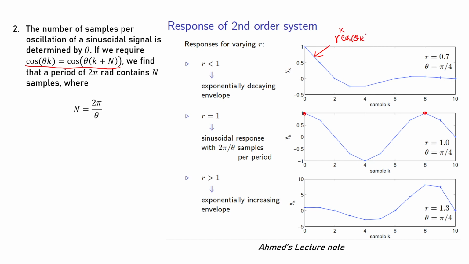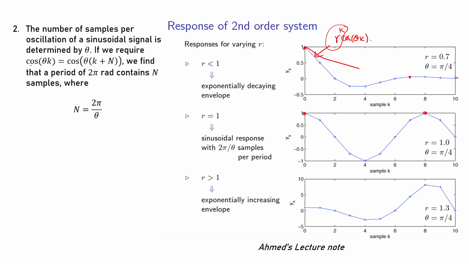Because this one makes the response decay, it's a little bit hard to find the cycle of the peak value. For example, the peak value is here, and then another peak value here. So the number of samples here depends on the value of theta itself.